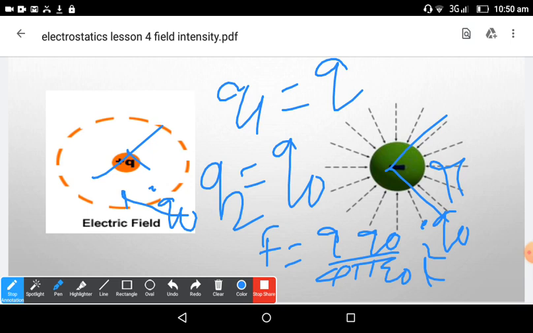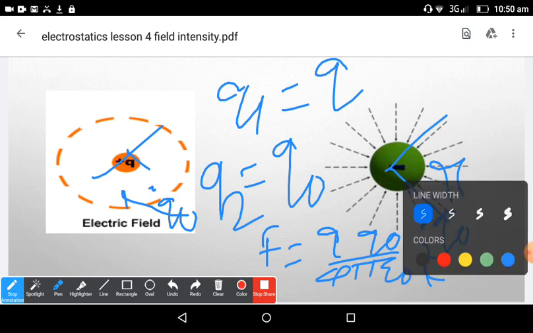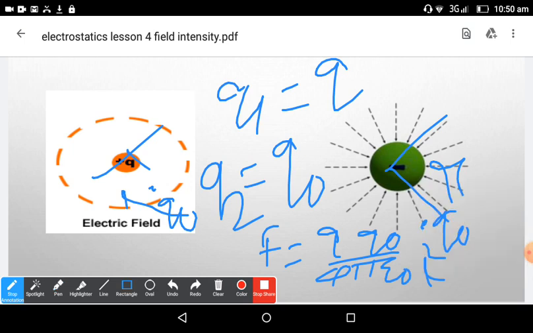Then what is the intensity of the electric field? Intensity of the electric field is nothing but force by charge. Here we have calculated the force, this is the force between Q and Q naught. Then force by charge is the intensity of electric field.